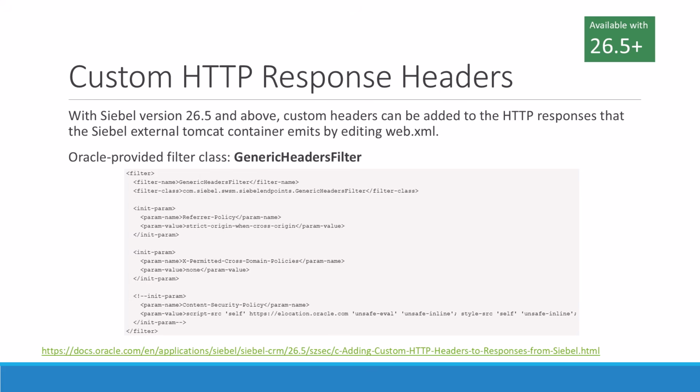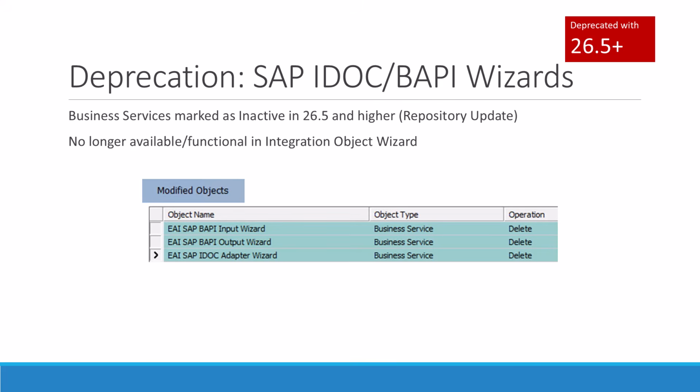Now we go back in time again to the early 2000s when Siebel application teams began to integrate with ERP giants like Oracle E-Business Suite and SAP.